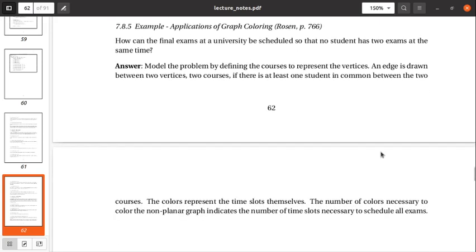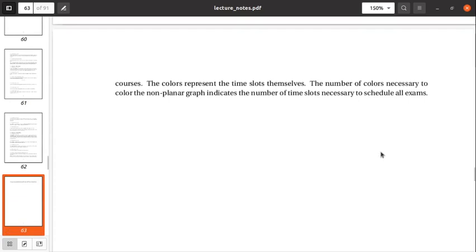Okay, so example applications of graph coloring. How can the final exams at a university be scheduled so that no student has 2 exams at the same time? And so the answer is to model the problem by defining the courses to represent the vertices. An edge is drawn between 2 vertices, or 2 courses, if there is at least one student in common between the 2 courses. The colors represent the time slots themselves.